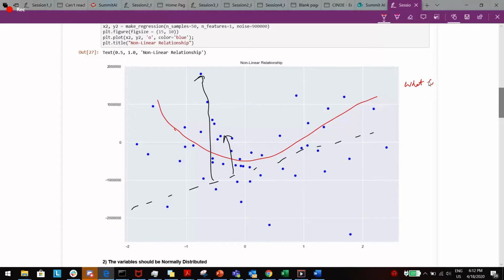So what to do when your data looks something like this? Do you say okay, this cannot be solved? No, you can definitely not say that, but you should make some changes. For example, one way is to transform your independent variables.